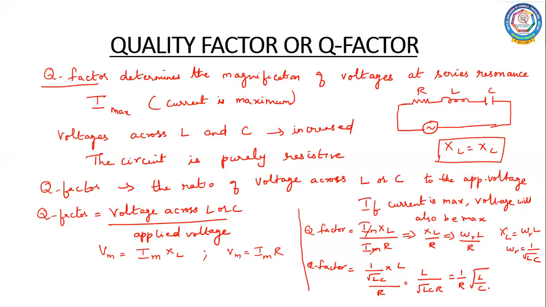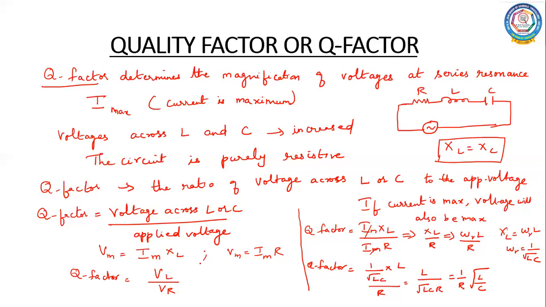Okay, now I can also write this Q factor formula when I consider it to be the ratio of the voltage across the inductor to the voltage across the resistor. Either I can consider voltage across L or C. So if I consider voltage across L, I can write this as VL, and the applied voltage is equal to the voltage across R. So let me write it as VR here.